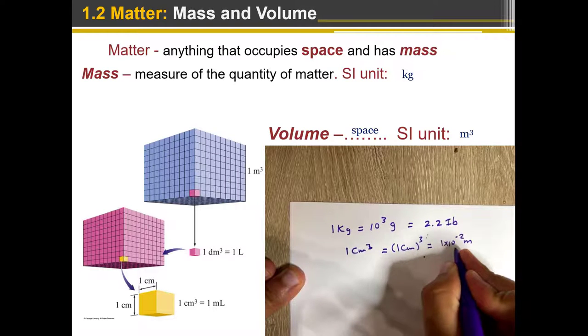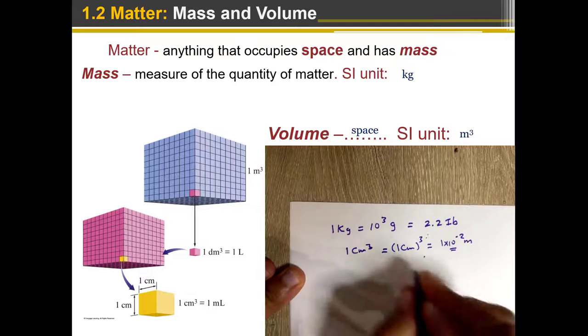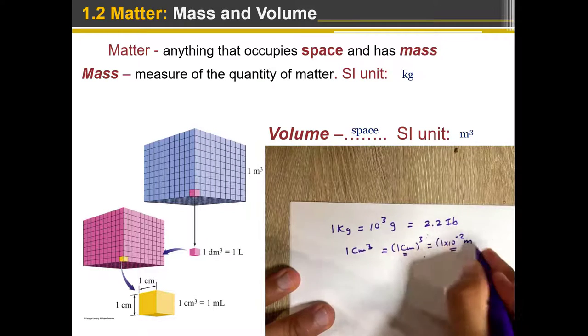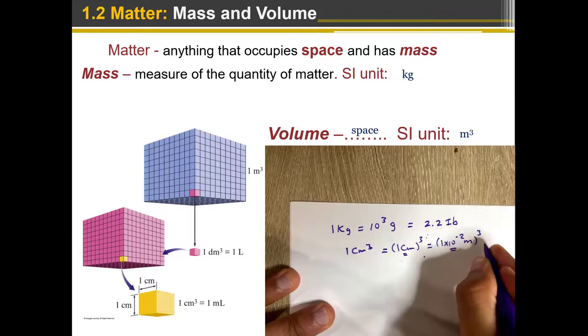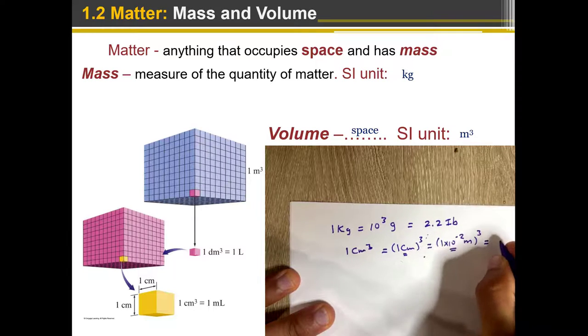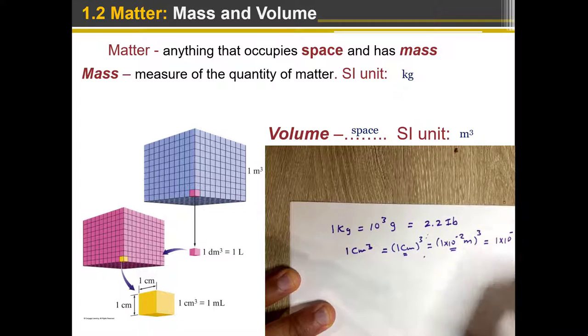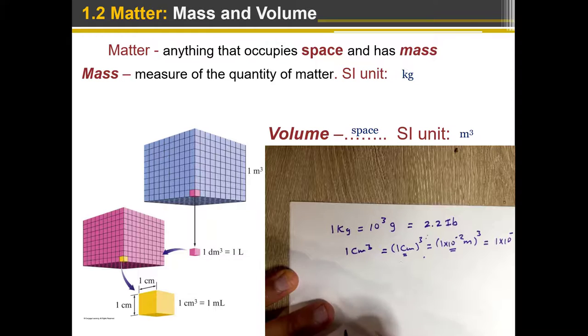That's the translation of centi from the SI prefixes, and then we cube all of that. So that means 1 times 10 to negative 6 of a cubic meter. So that's the conversion factor between 1 cubic centimeter and 1 cubic meter.